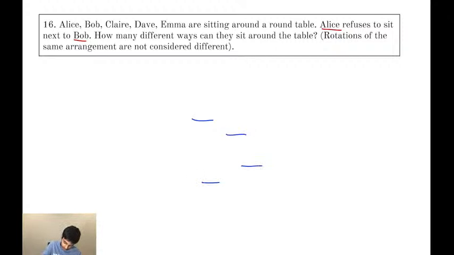And if you remember from the review class on Friday, we have Alice, Bob, Claire, Dave, and Emma, and we have to arrange them in a circle. We can just assume Alice is always here because rotations are the same thing.